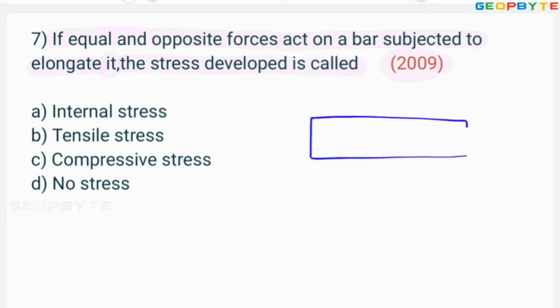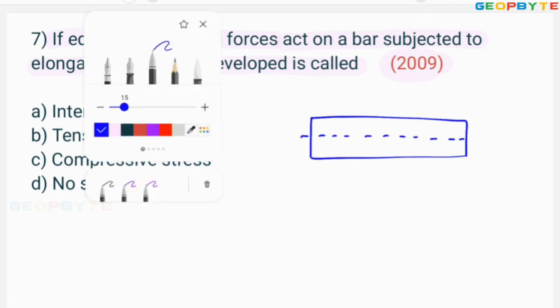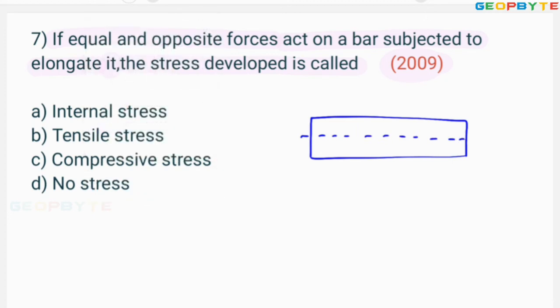This is the bar, and this may be the axis of the bar. With respect to the axis, the load may be acting like this. Let this be 10 kilonewton. The same magnitude of load is acting on the other end, 10 kilonewton. So this is the tensile force. It is subjected to tensile force.